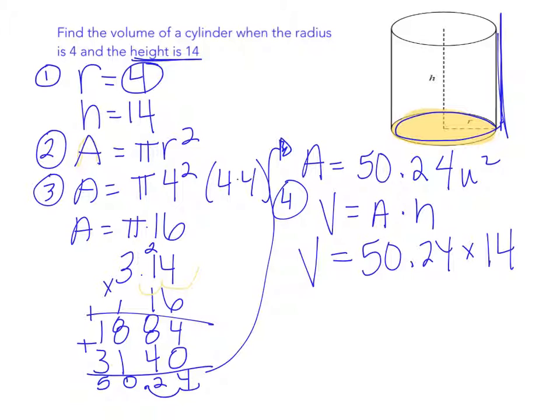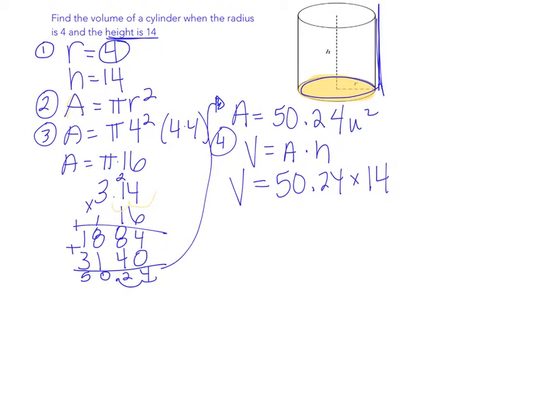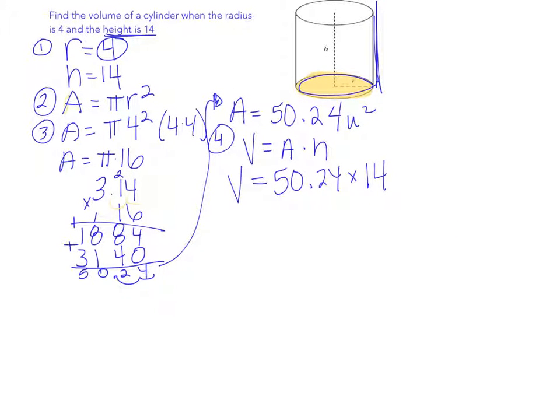So let's actually set up the problem and do the math. I'm going to minimize this so I have a little more space. There we go. So I'm going to rewrite 50 and 24 hundredths multiplied by 14.